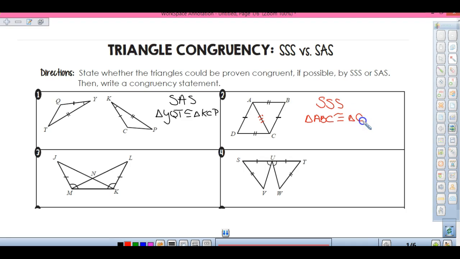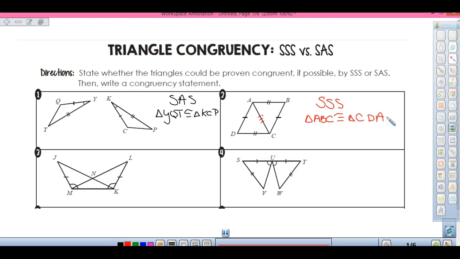C, D, A, yeah. Be careful with the order that you go in. We're going to skip number 3 right now because I don't think we're ready for overlapping triangles. We'll talk about those more towards the end of the chapter.